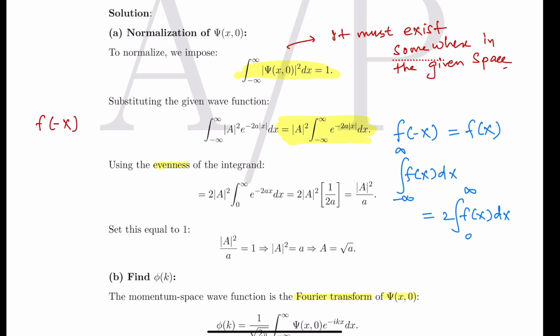As this function is an even function, it is governed by the property that the function of minus x is the function of plus x.